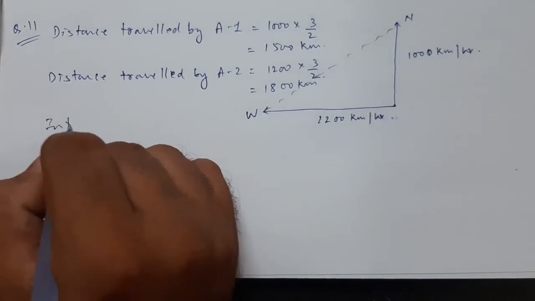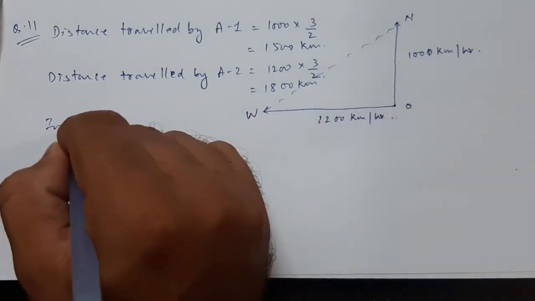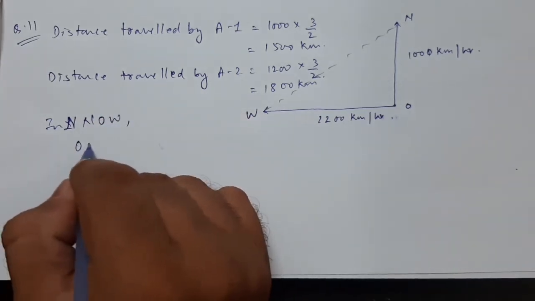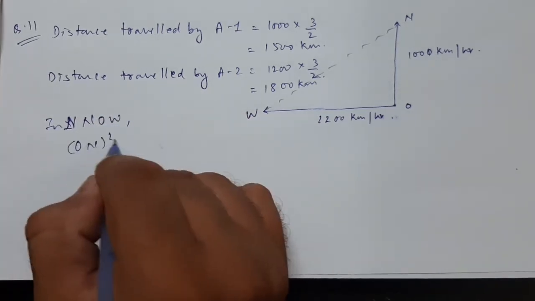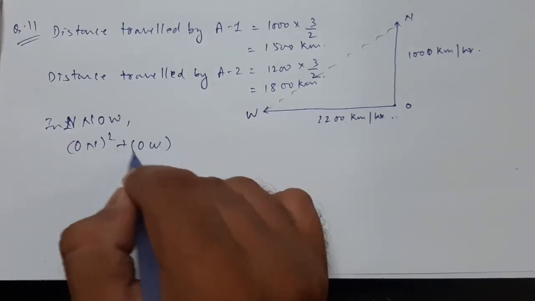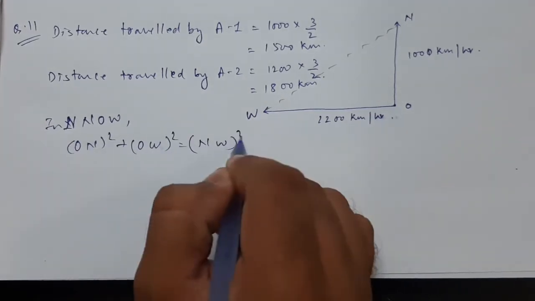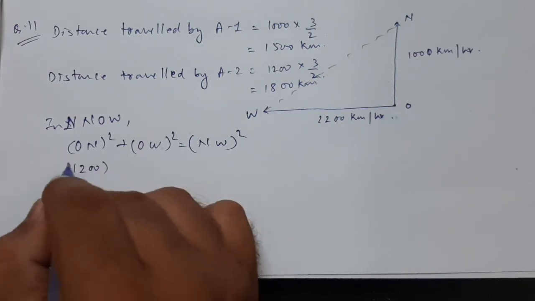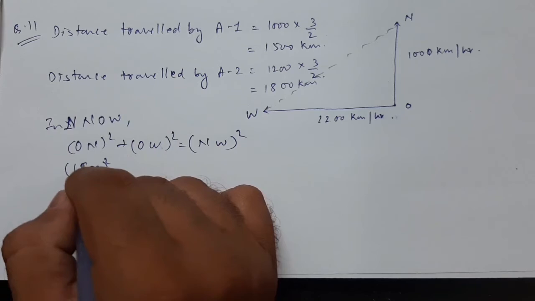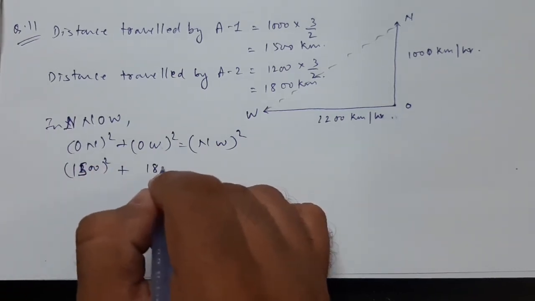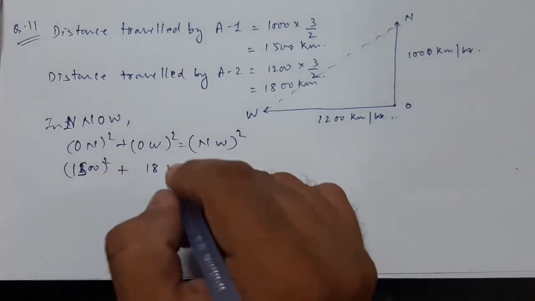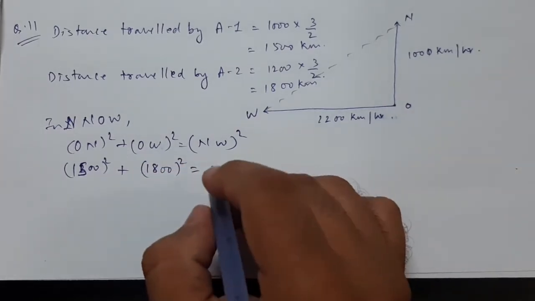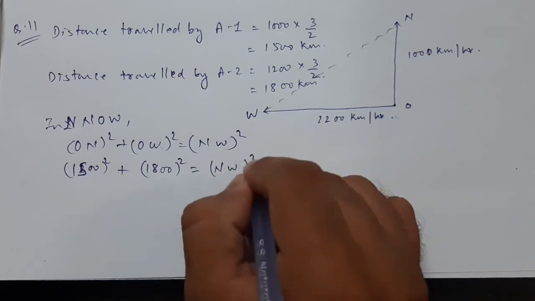Now the distance between these two aeroplanes can be found out by finding the hypotenuse of this triangle. So in triangle NOW, ON square plus OW square is equal to NW square. So that is equal to 1500 square plus 1800 square is equal to NW square.